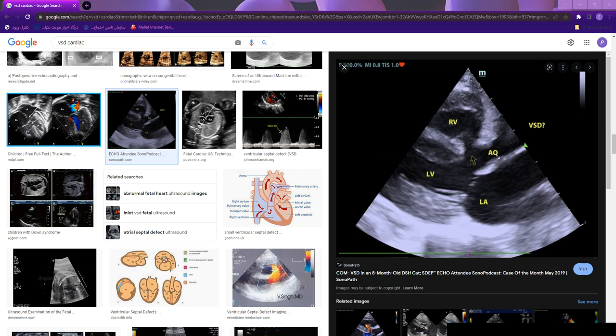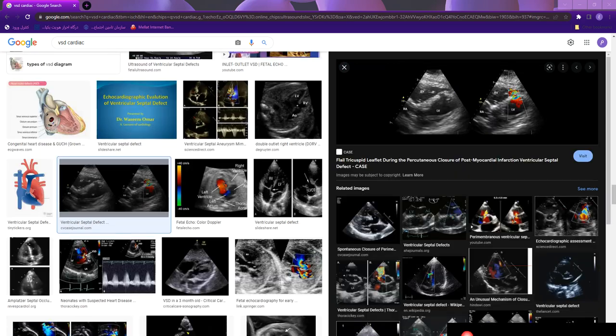Because most VSD is congenital, we must find another congenital disease near it, such as AS or PS, or another congenital disease in the heart.